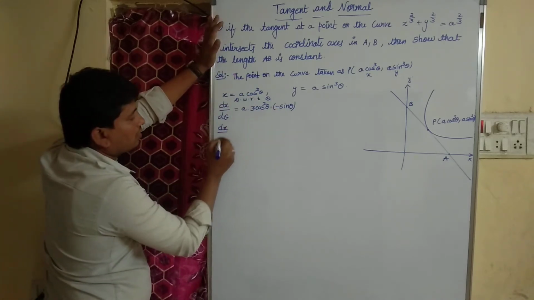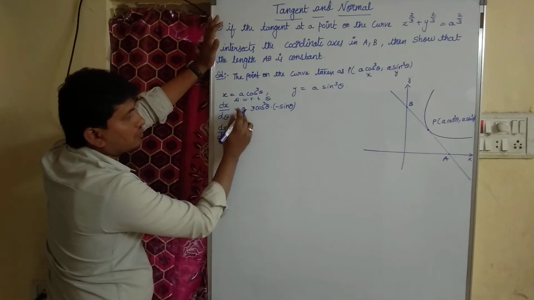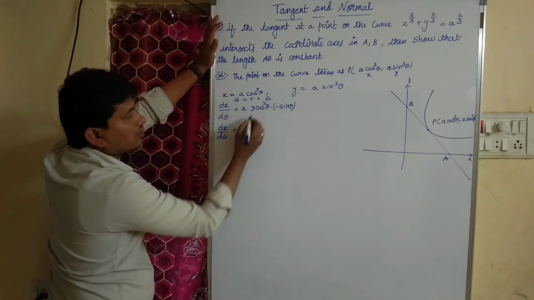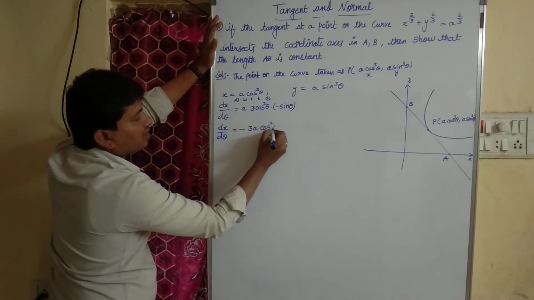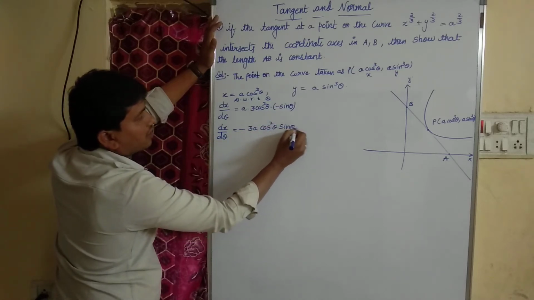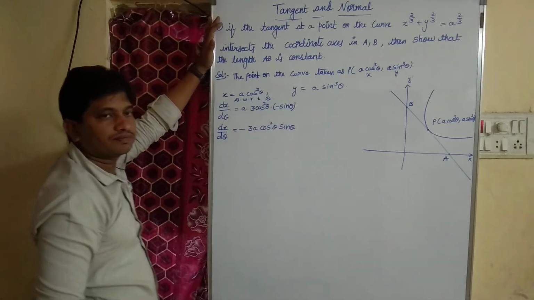So dx by d theta equal to minus 3a cos square theta sin theta. This is our dx by d theta.